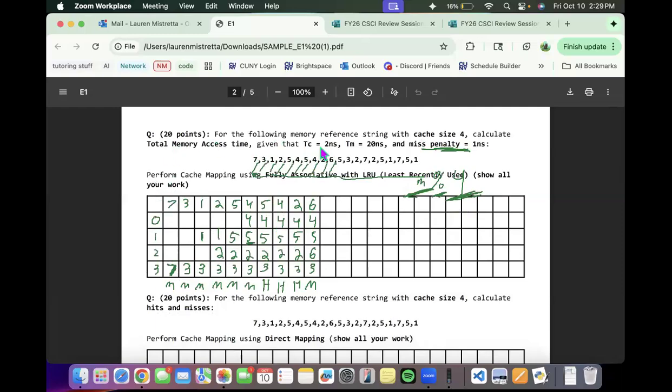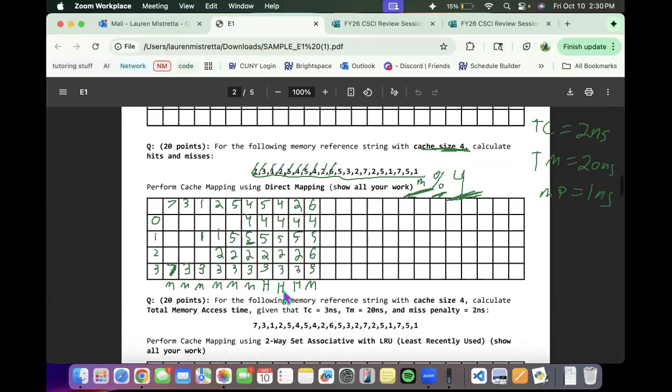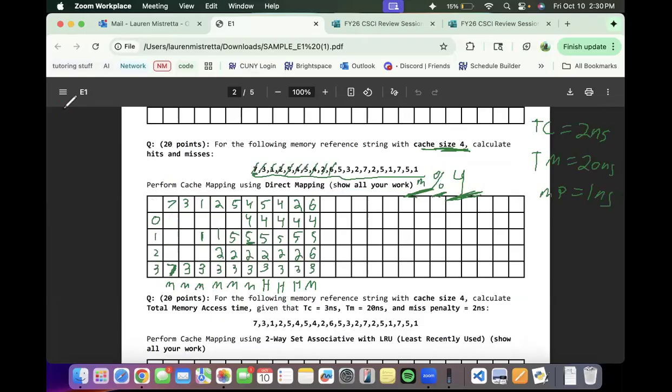We know that our TC is equal to 2 nanoseconds. Our time for a miss is equal to 20 nanoseconds. And our miss penalty is 1 nanosecond. Okay. And thankfully, the hardest part is honestly just putting this into the table. Once you do that and identify what's a miss and what's a hit, it's literally a super simple formula.